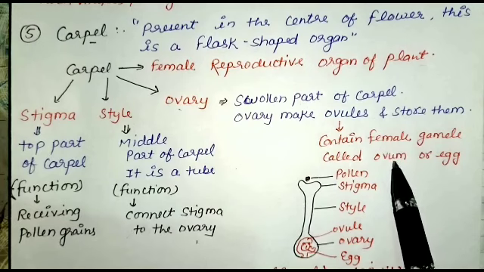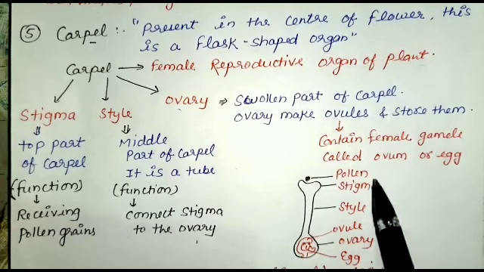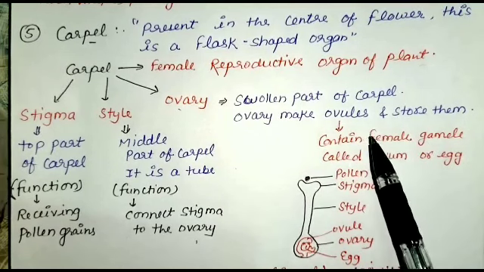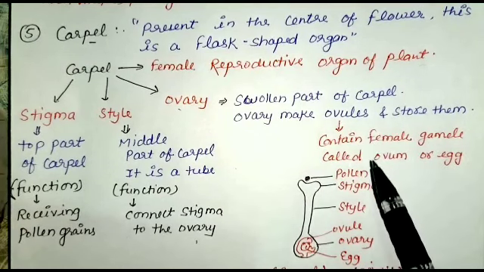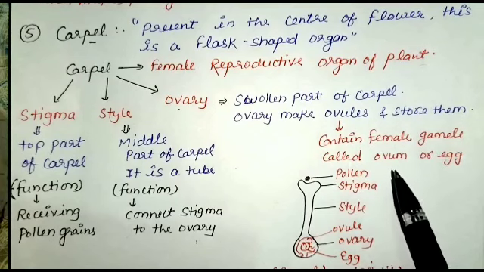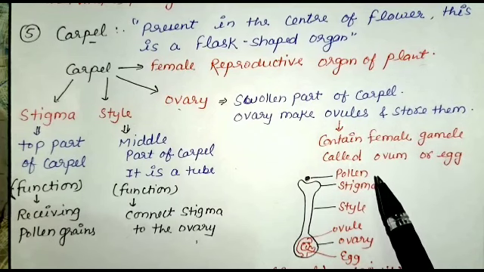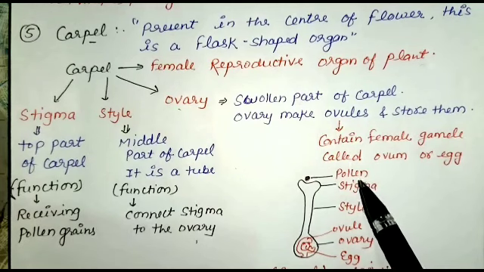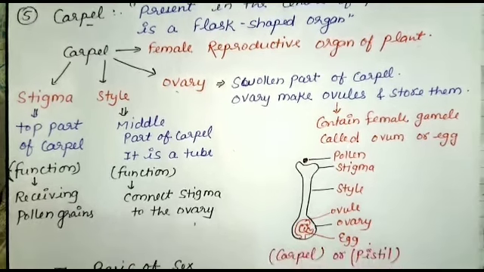The female gamete of the plant which is present inside the ovule is called the ovum. It is clear from the discussion that the female gametes of the plant are made in the ovary of the carpel. Please note that the female organ of a plant is known as carpel and also as pistil, both names.